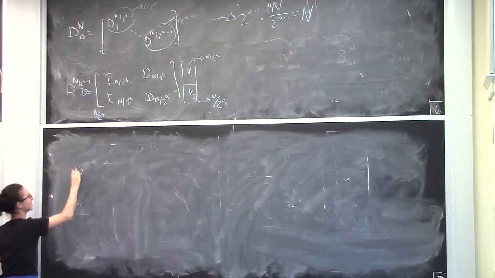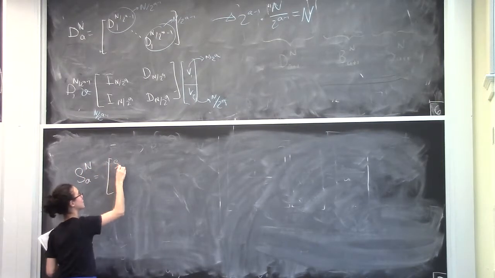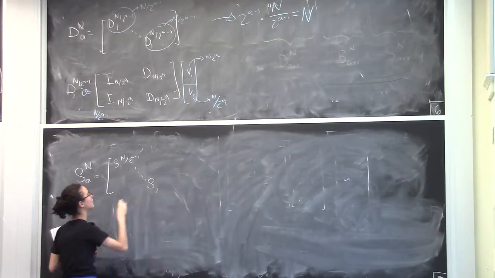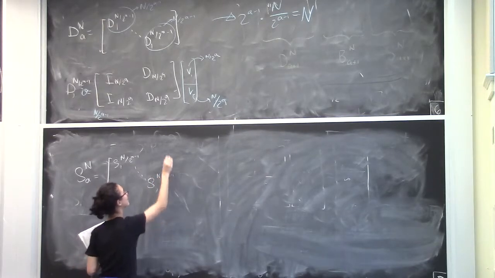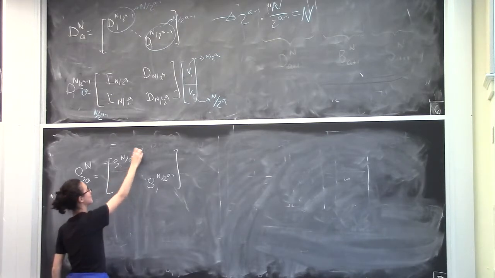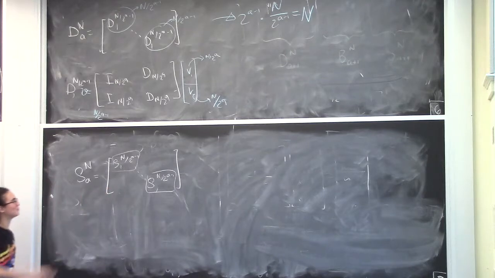So the second part is S_n, and it looks like S_1 through S_{n/2^(n-1)}, 2 to the n minus 1, n over 2 to the n minus 1 times. Okay. So this block is a permutation matrix. This block is a permutation matrix, and all the blocks in the middle as well.